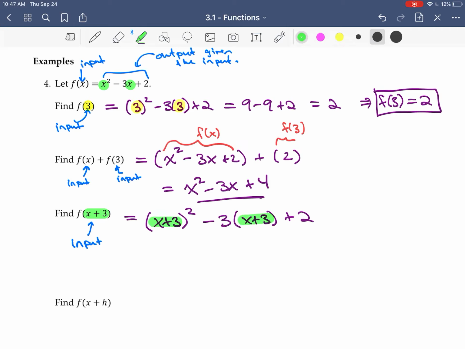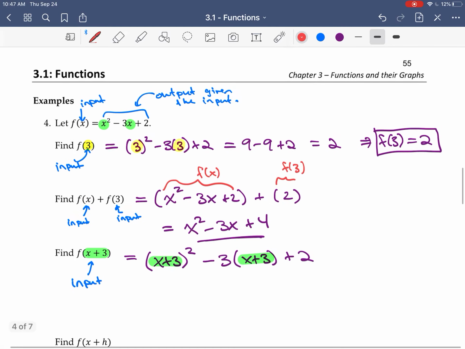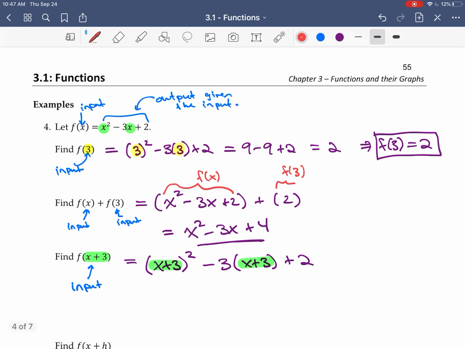Everywhere I saw an x, you could think about the x as like a box. So for your formula, x is kind of like a placeholder. So you have f of something, it could be anything, could be a smiley face, is the something squared minus 3 times the something plus 2.